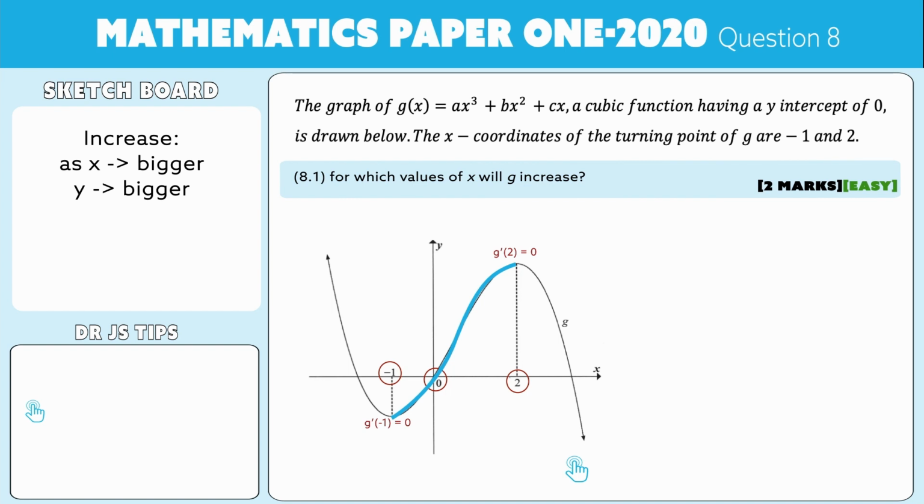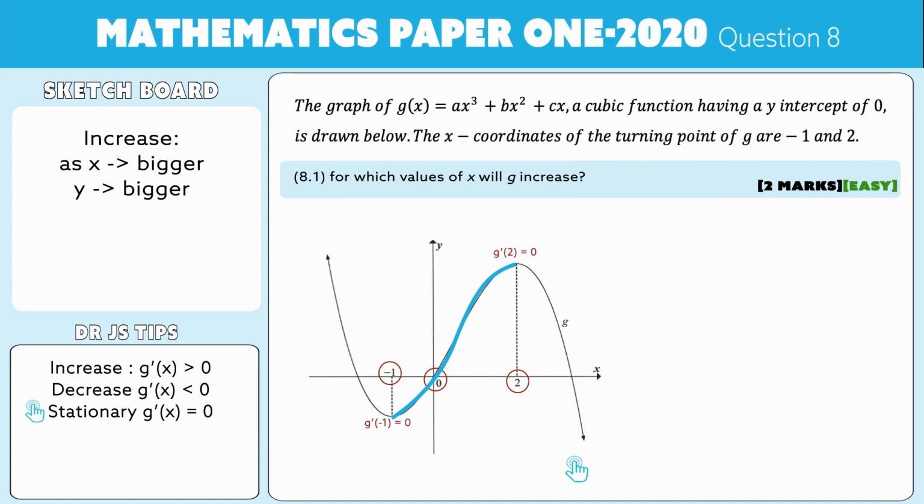In derivative language, a big tip is that the function is increasing where its derivative, in this case g's derivative, is positive. It will be decreasing where the derivative of g of x is negative. And it will be stationary where that derivative is 0. So it's a stationary point where the derivative is equal to 0.